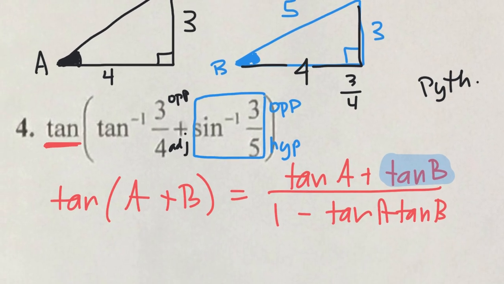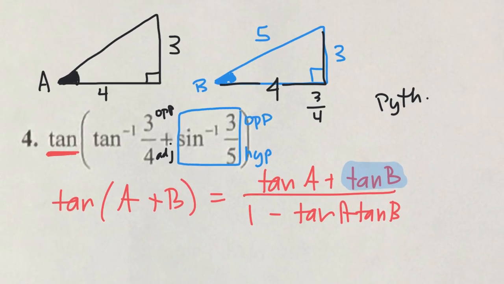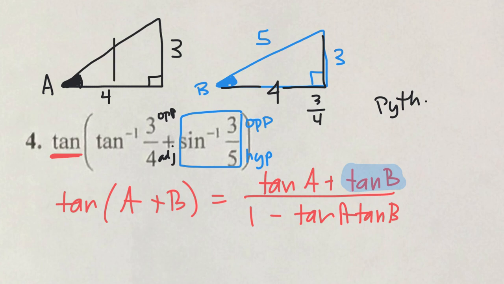So when we plug this into our formula, A is this triangle, so this is triangle A. Your tan value will come from that triangle ratio. And then this is triangle B. Your tan value for B will come from that triangle.